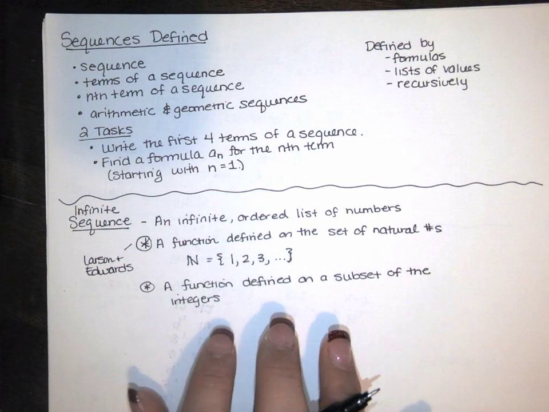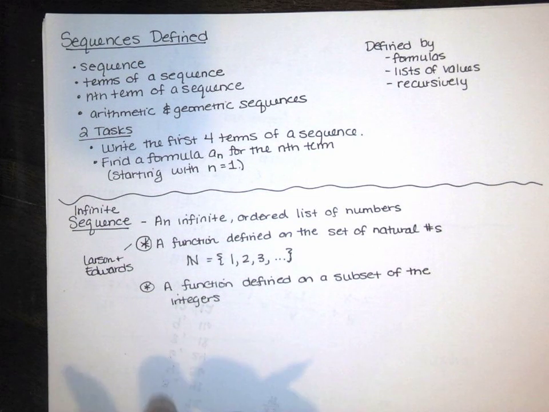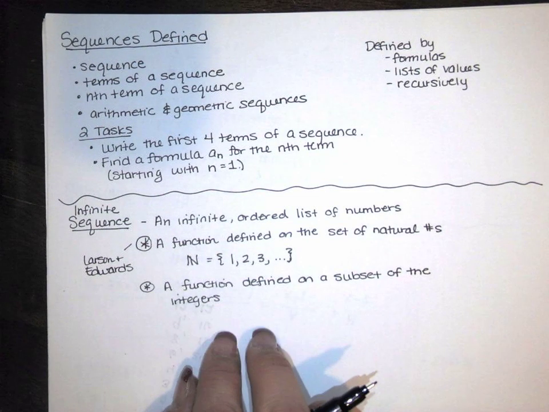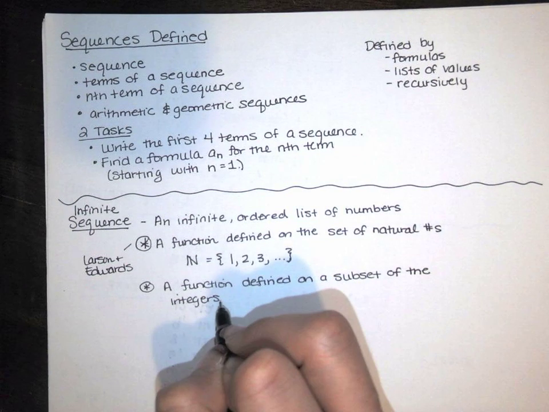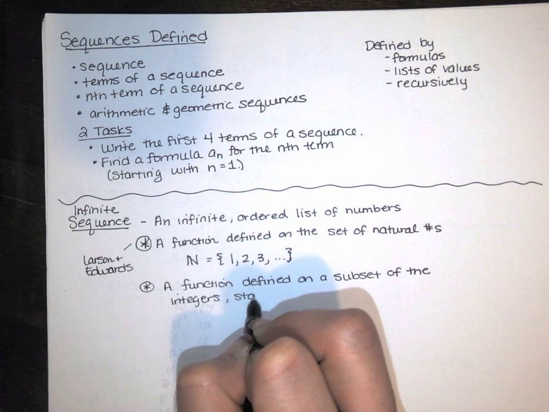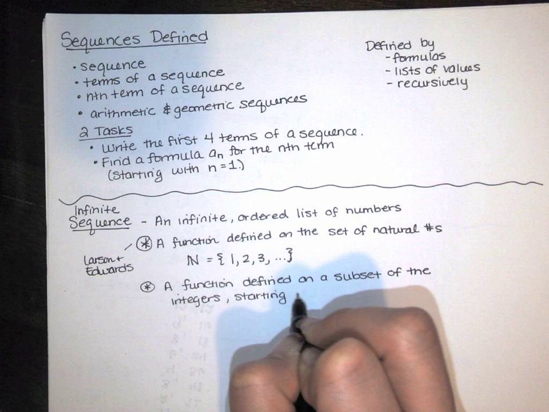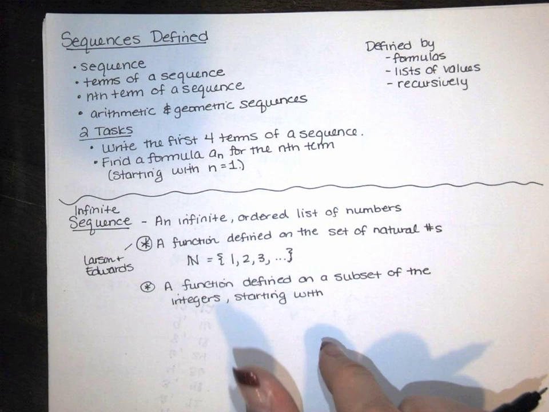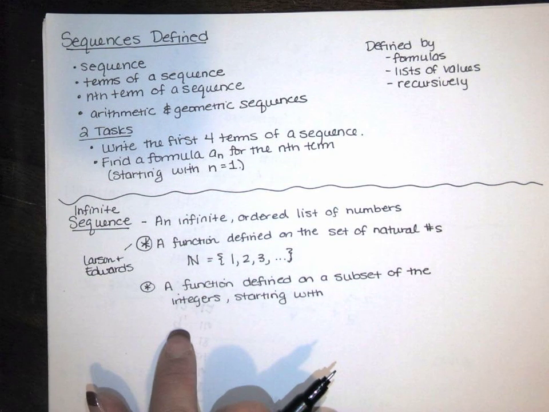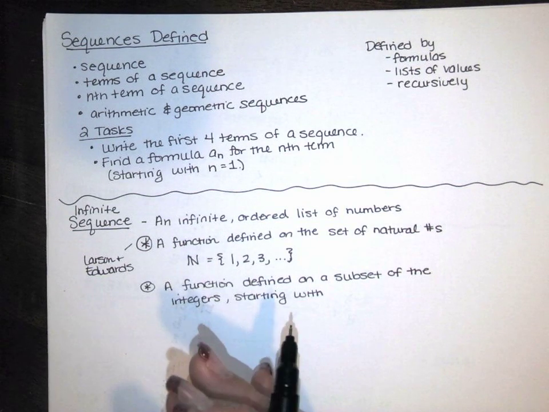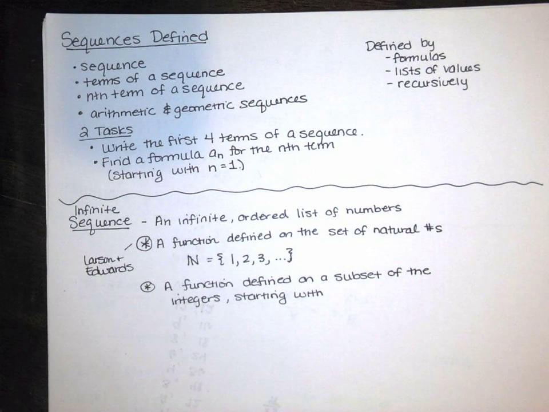But generally, the way these infinite sequences work is you start with a particular integer and then you move forward. So we're not going to go all the way to negative infinity. We're always going to move forward. So we might start at n equals -7 and then go -6, -5, -4, -3, -2, -1, 1, 2, 3, 4, 5, and so on, and we keep going.